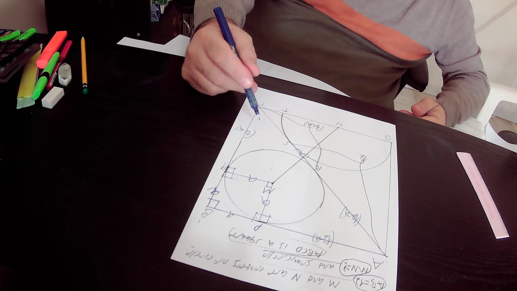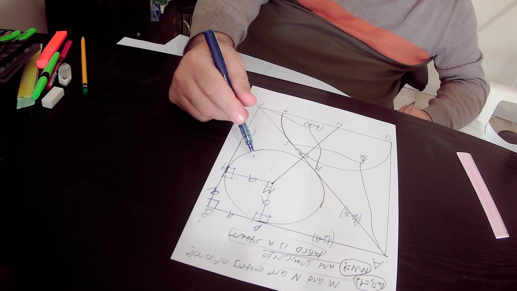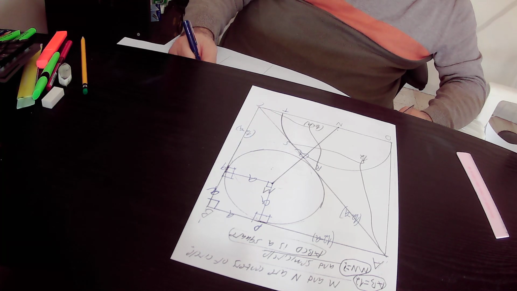We will apply the Pythagorean theorem on the right triangle, triangle ABC.